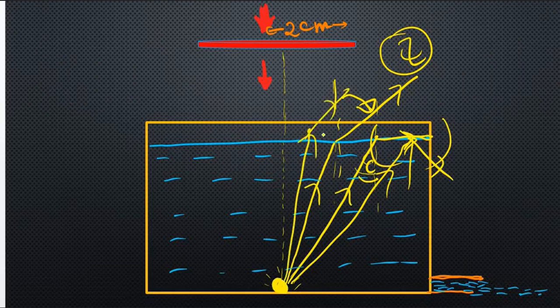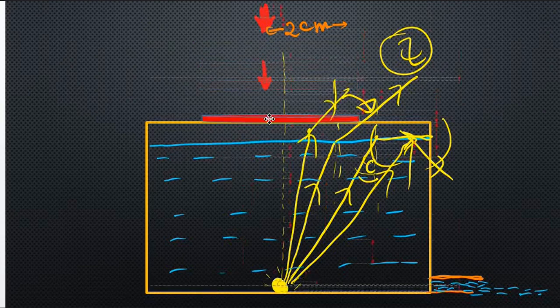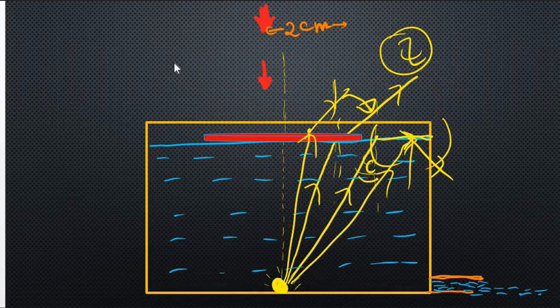Let's take the disc down up to here. Our condition is up to here. After this last point the rays go back by total internal reflection. So the minimum point here is the critical angle situation.